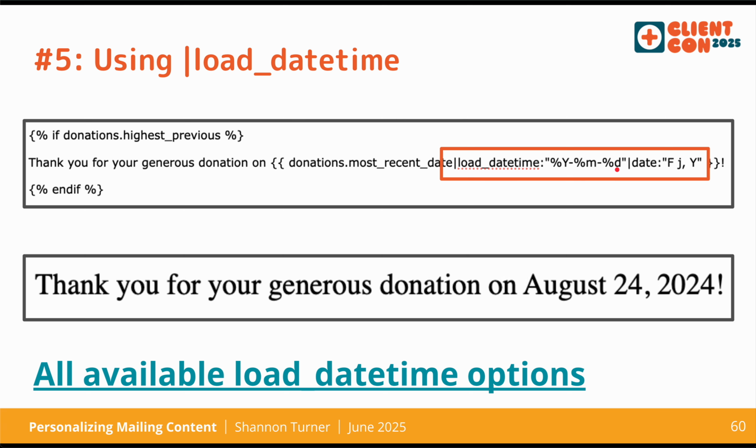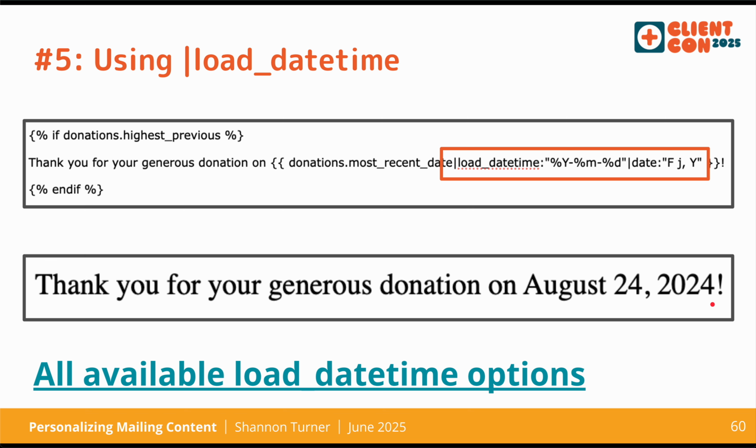I know it looks like a date to me, I know it looks like a date to you, but the computer doesn't realize it, so it needs a little hand holding. And then once we've gotten that done, then we can apply the date filter using the argument that we want. And then we get, thanks for your generous donation on August 24, 2024.